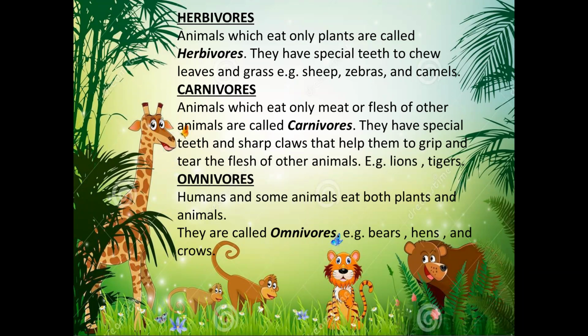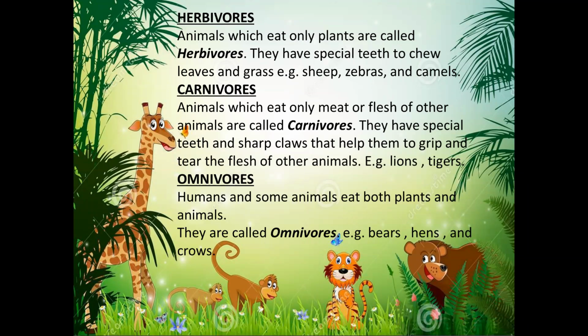Last but not least is the omnivores. I hope again you know about this term: humans and some other animals eat both plants and animals. You know that we not only eat plants, we also eat the meat and flesh of other animals. Some other examples are bears, hens, and crows.